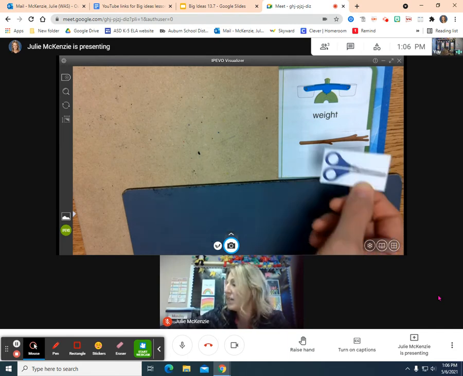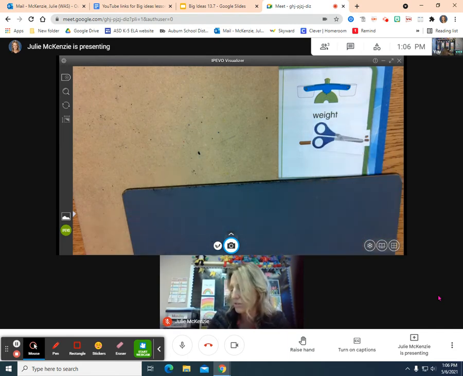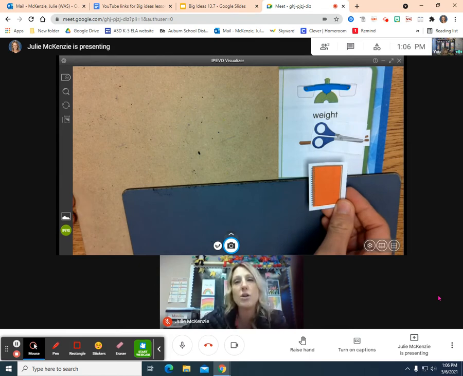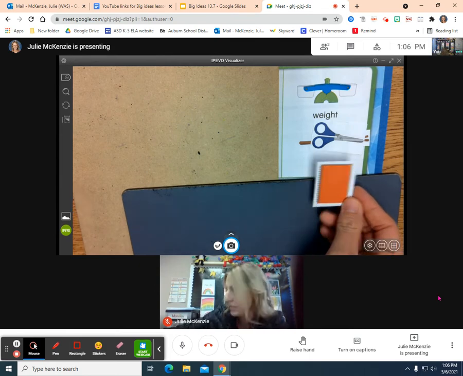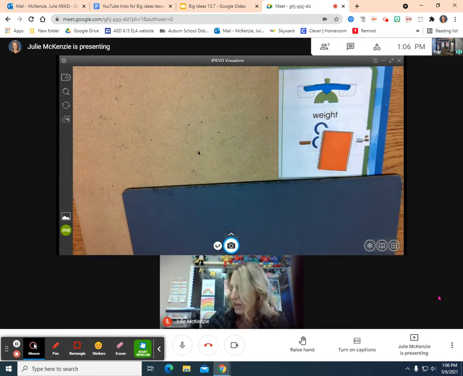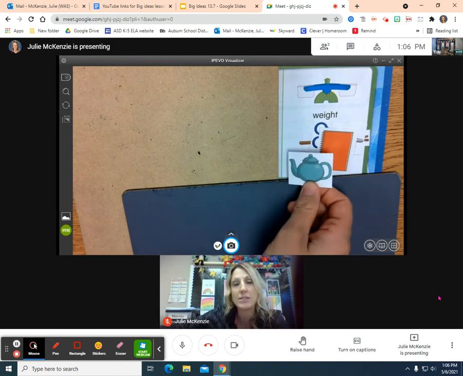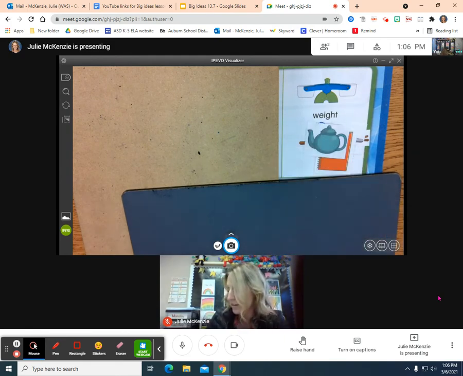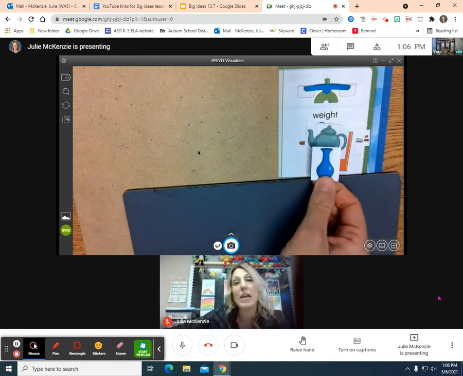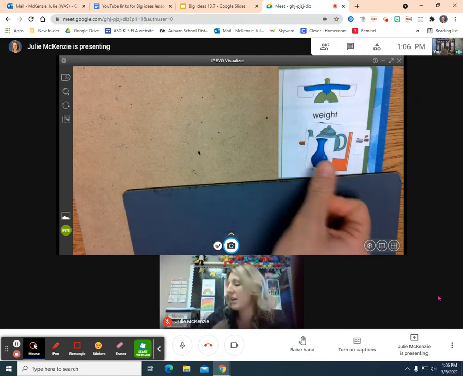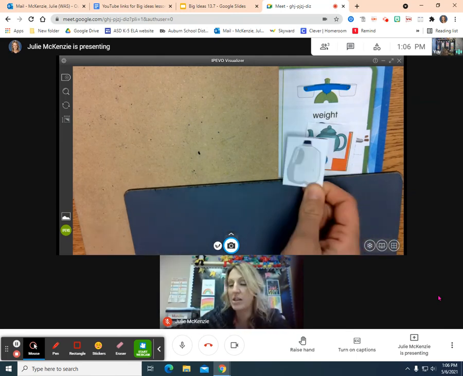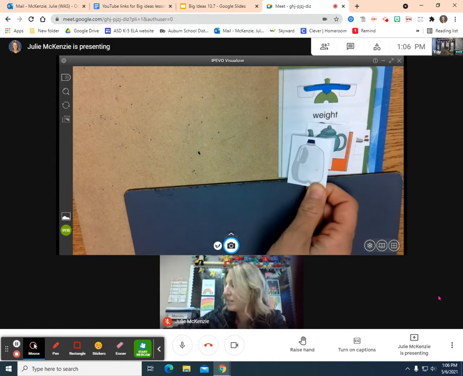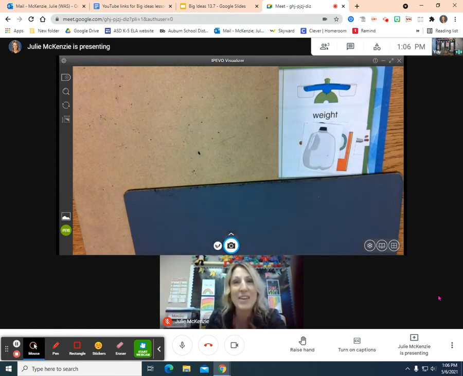Yes, weight is an attribute of scissors. Could we see how much the notebook weighs? Yes, we can. Could we find out how much the teapot weighs? Yes, we can. Could we find out how much the vase weighs? Yes, we can. And could we find out how much the milk jug weighs? Yes, we can.